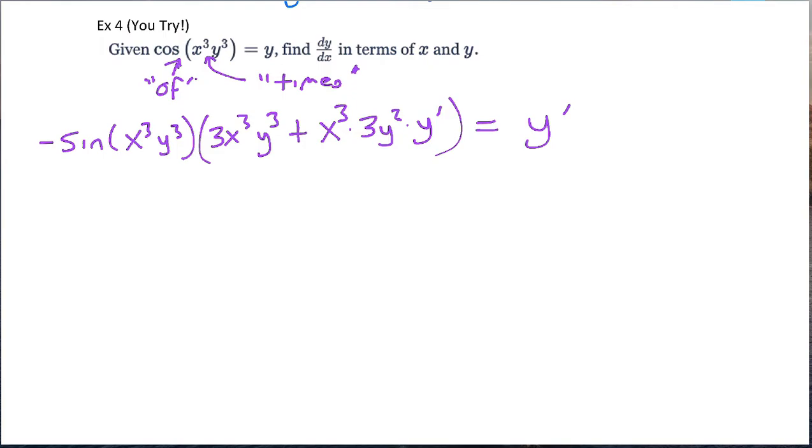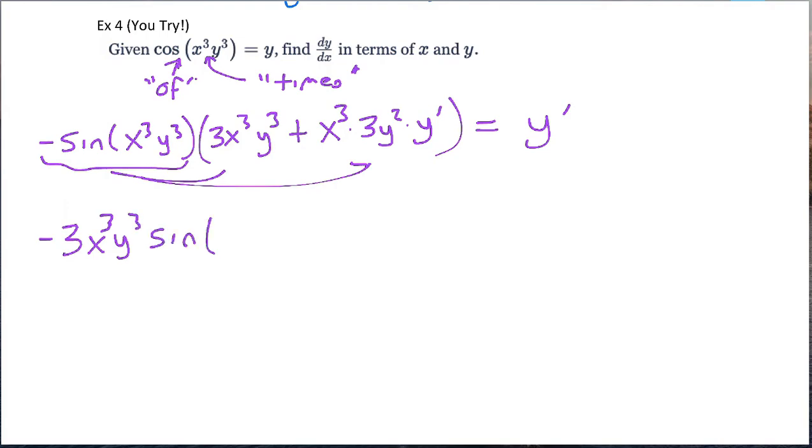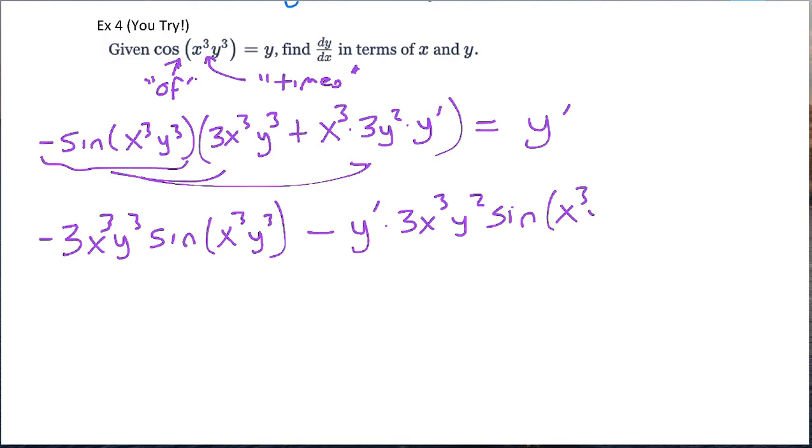If I distribute this whole thing through to here and through to here, this first term is negative 3x cubed y cubed sine x cubed y cubed, minus, and I'm going to rearrange this just a little bit, y prime 3x cubed y squared sine x cubed y cubed equals y prime.